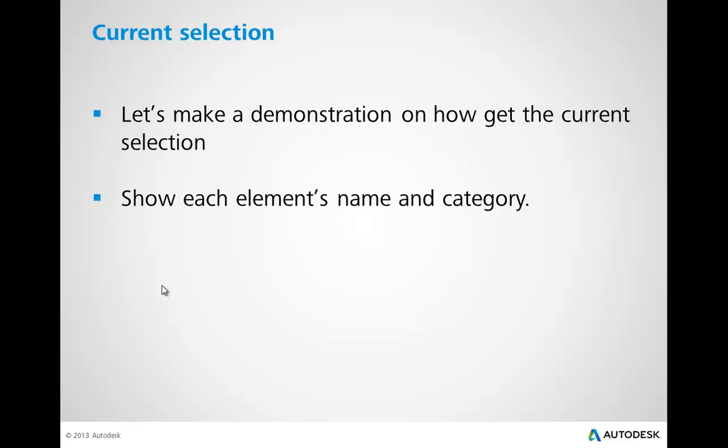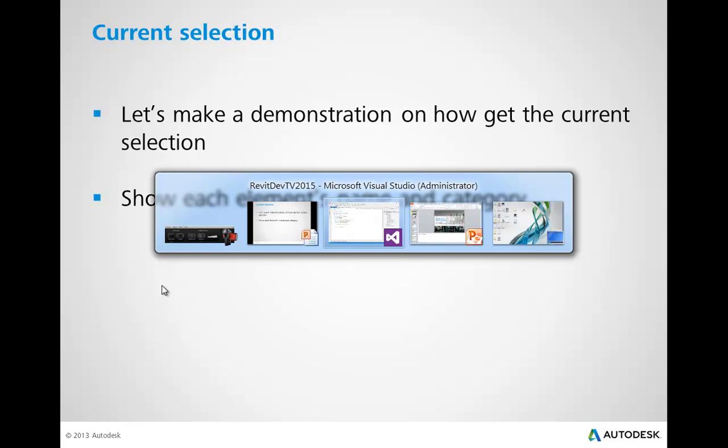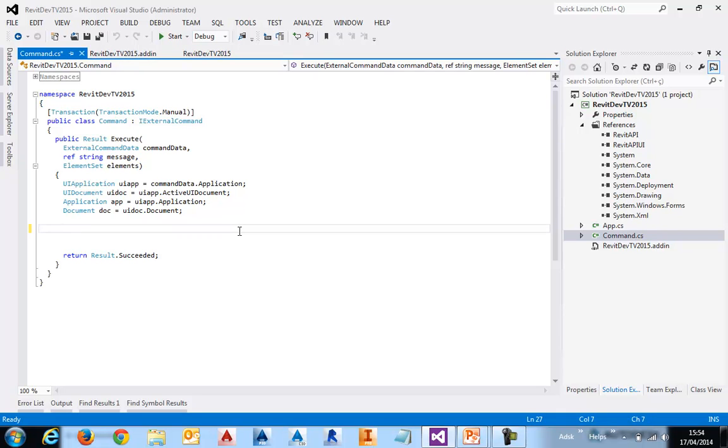Inside the application, we can see the current selection. I'm going to show how to access the current selection of the command and show the element type and some information of that. So let's get rid of this and access the selection before the command begins.